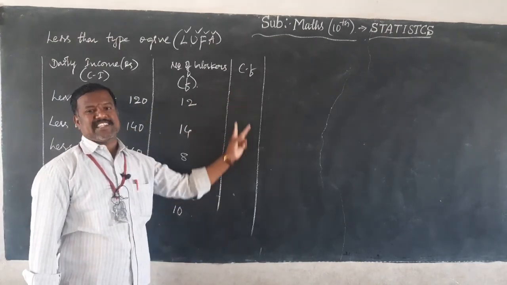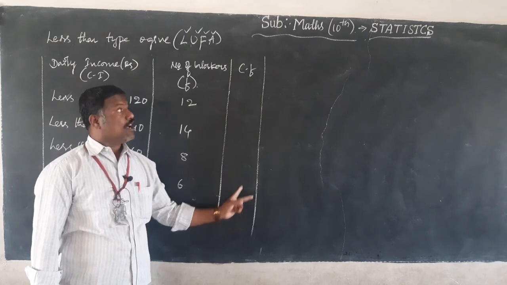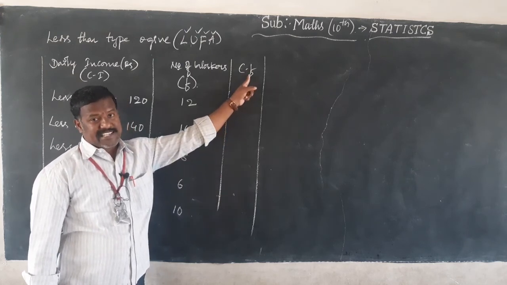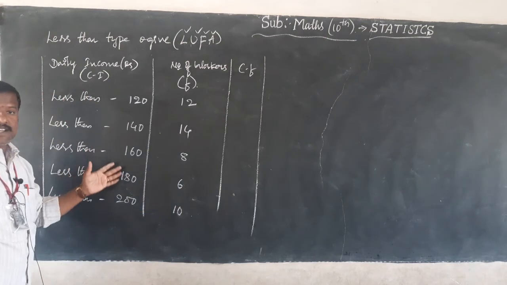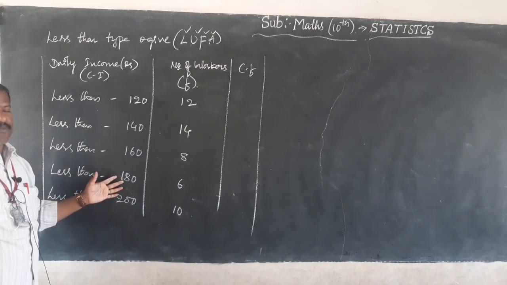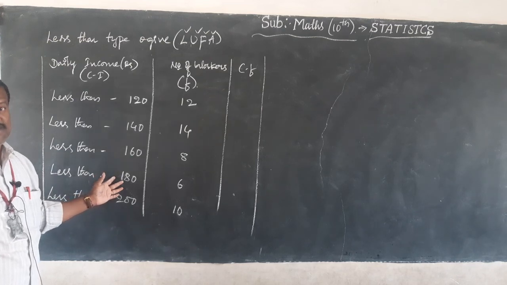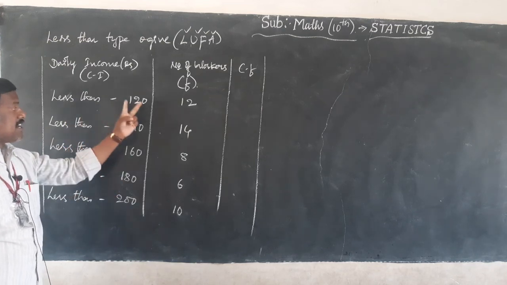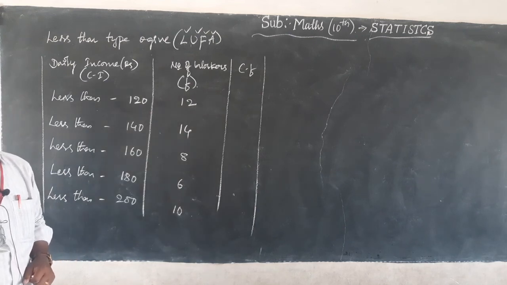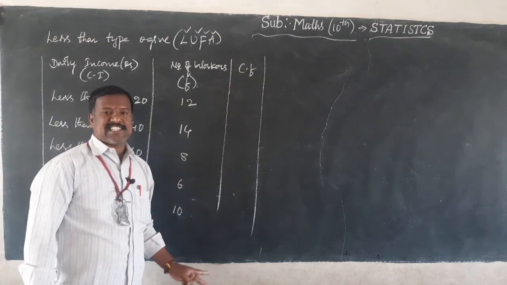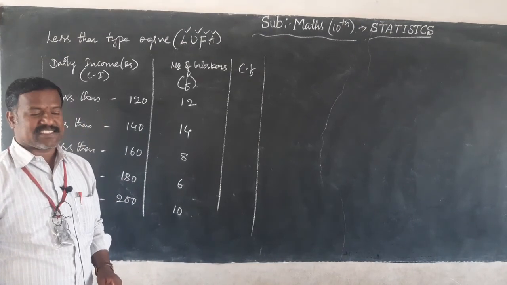The cumulative frequency column is the y-axis column, and the less than upper limits column is the x-axis column.